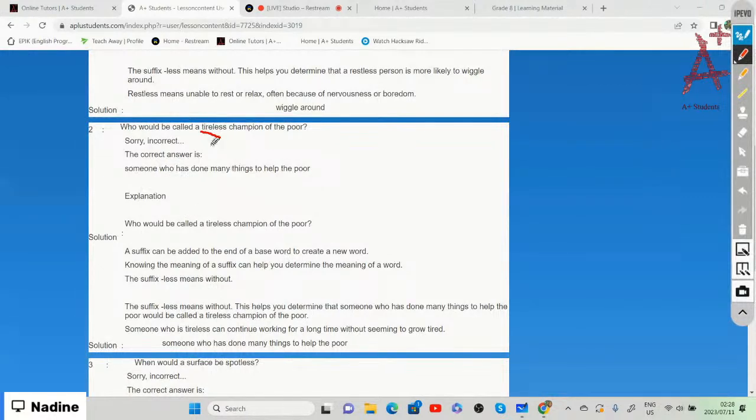Basically, a tireless champion of the poor is someone who has done many things to help the poor, right? Somebody who does many things to help the poor, we then call that person a tireless champion of the poor.